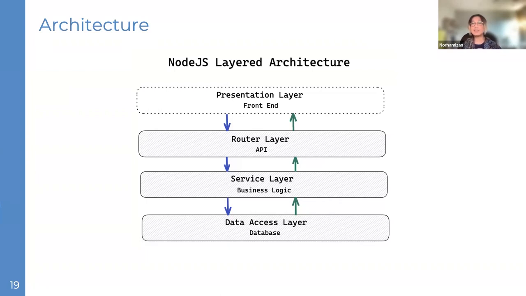Is there anyone that has used Laravel or Ruby on Rails before? That would be the same as this. You have your controller, your model, as well as your logic, and then your view. So it's kind of an MVC, but with Node.js, there are multiple ways to approach this.